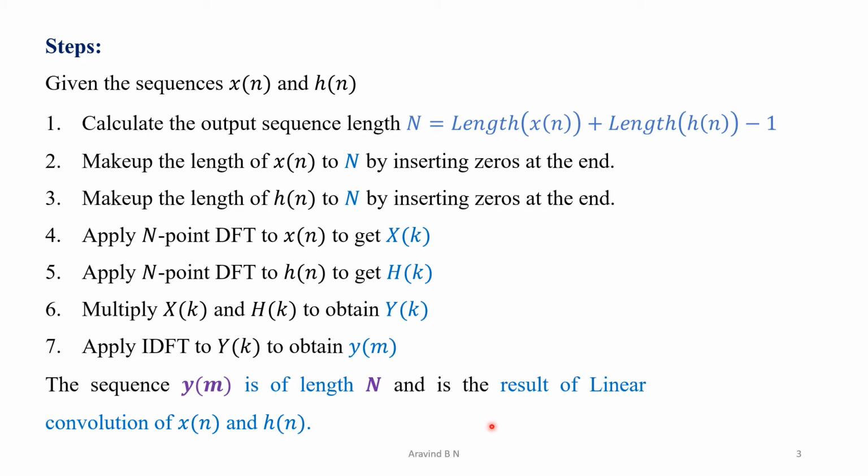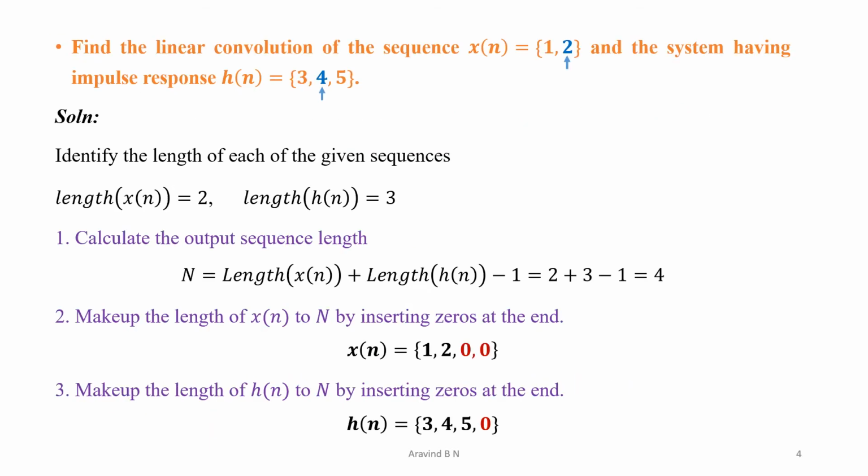Now, let us go through a problem where we are going to make a follow-up of all these steps to calculate linear convolution in frequency domain. The problem statement. Find the linear convolution of the sequence x of n is equal to 1, 2 and the system having the impulse response h of n is equal to 3, 4, 5.